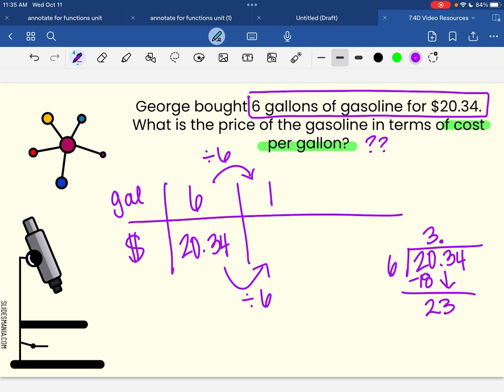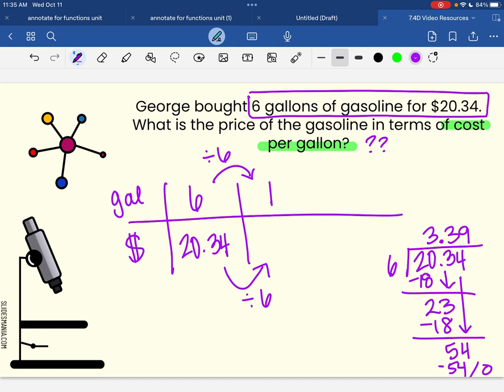I know that 3 groups of 6 will fit into that, so I take away 18 tenths, which leaves me with 5 tenths. And now I bring down my 4 hundredths. So now I'm taking my 54 hundredths and dividing it into 6 groups. Each group will have a size of 9 hundredths, which leaves me a remainder of 0.